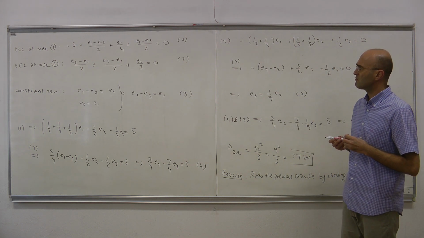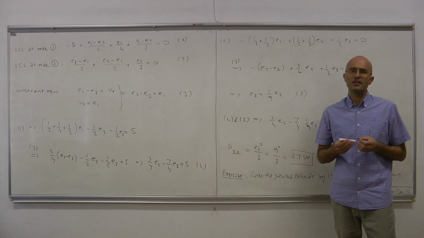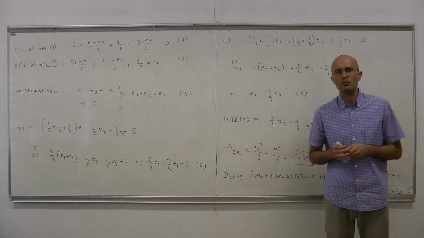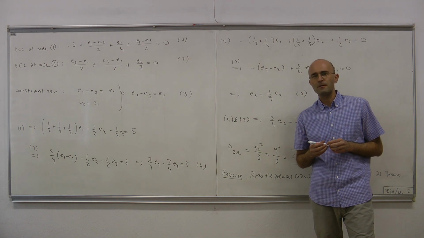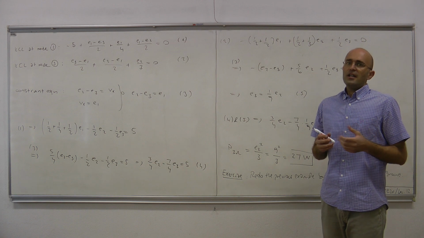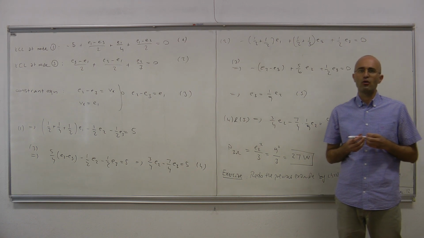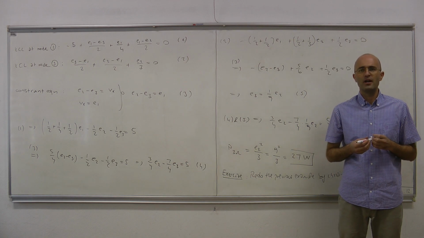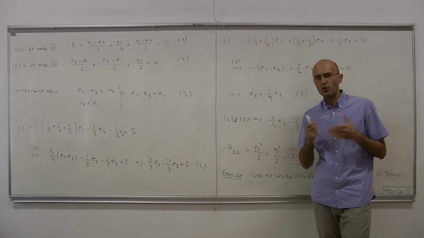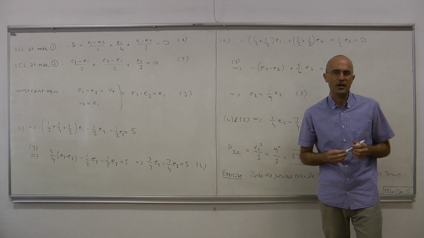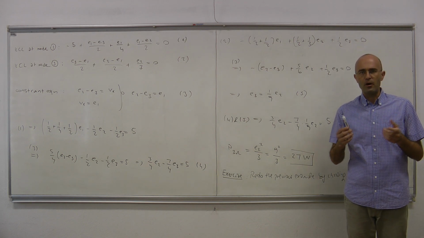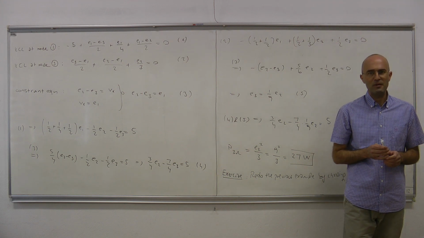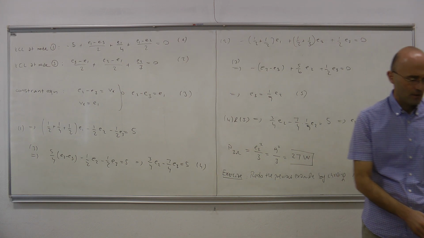Sometimes both are equivalent in the sense that both take the same amount of time to formulate and solve, but sometimes the topology of the circuit is such that it's faster to formulate and solve it in terms of node voltages, or sometimes the reverse, in terms of mesh currents. So it's up to you. You have to look at the circuit and decide for that particular situation. But it's always good to have as many methods as possible in our pockets.